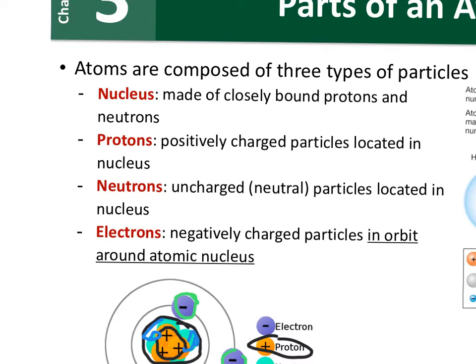So protons are positively charged, neutrons have no charge, electrons are negatively charged.